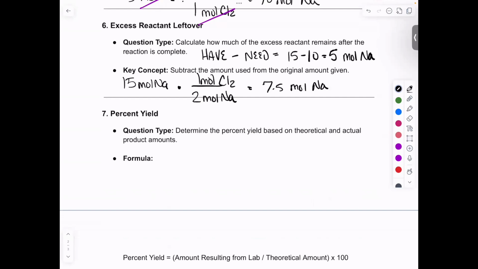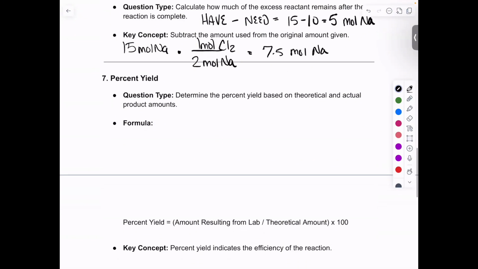Okay, so we've determined what reactant is limiting and how much we'll have left over, and then we're going to look at percent yields. That equation is down here on the next page. It's simply saying, I'll have a result from a lab experiment, or they'll give it to you on the quiz or the test.